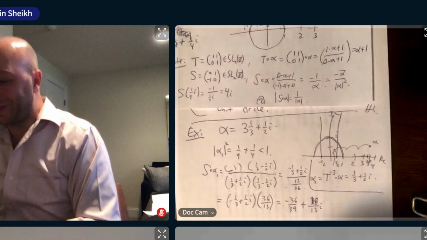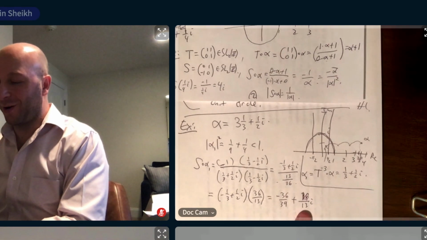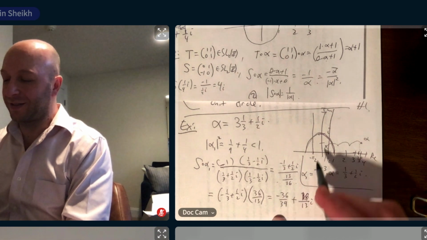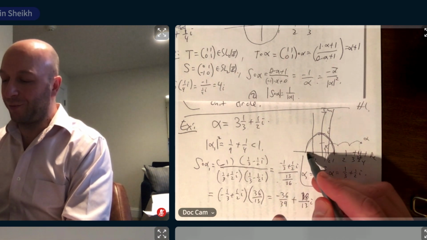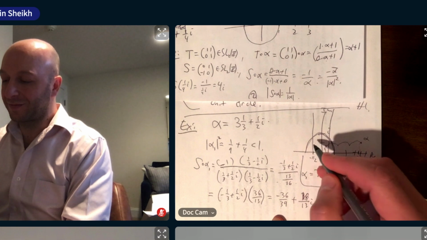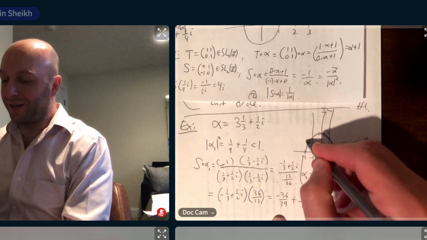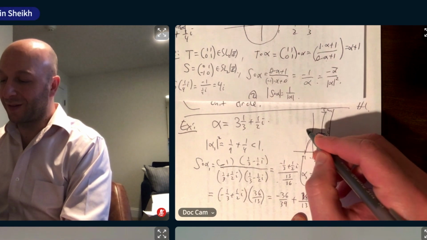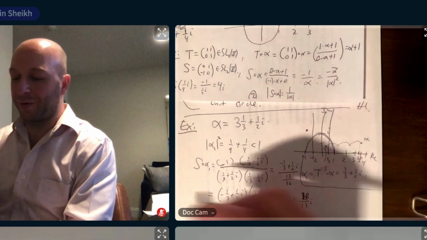So we're almost done. This is actually pretty good. Negative 36 39ths is close to negative 1. Negative 1 is here. And then we're at a height just above 1. So I guess this new number, let's call it alpha 2.